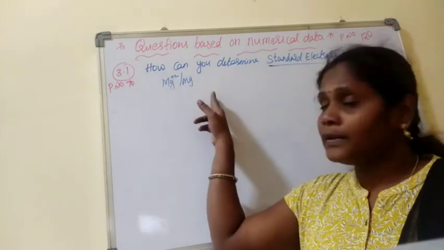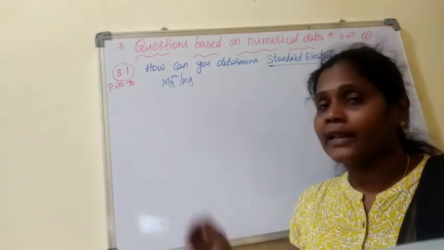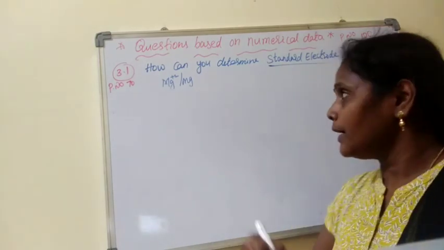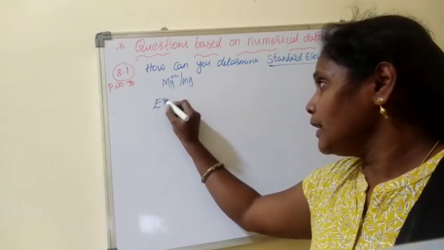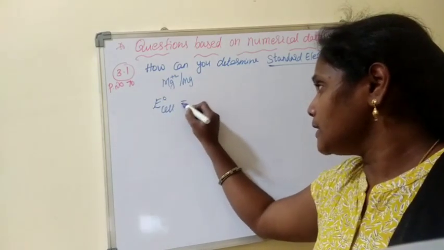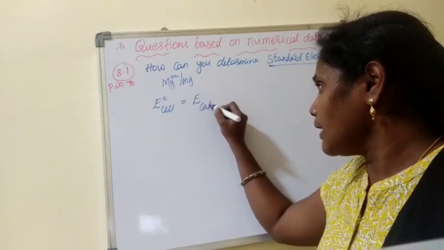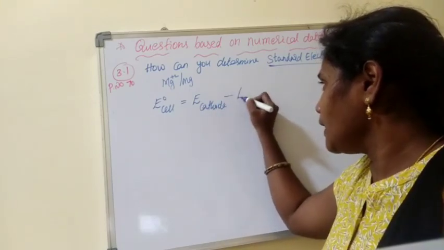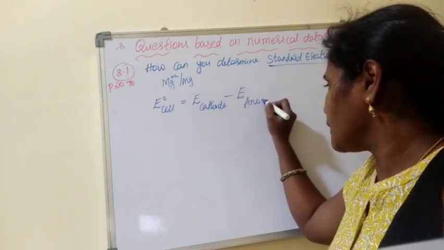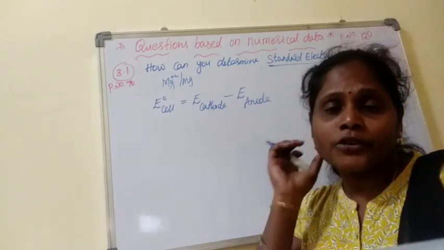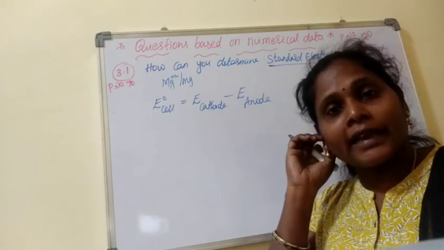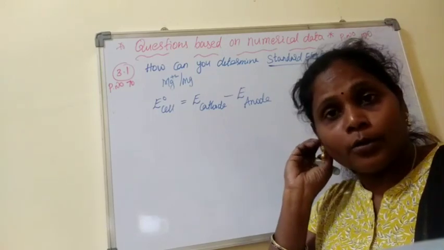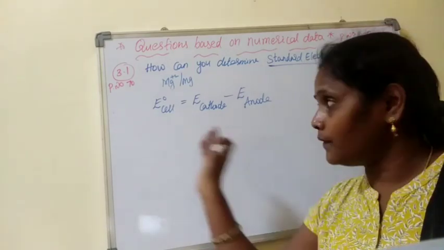Now the theory part you can write, I am just writing the mathematical part for you, right? So now I can write E naught cell is equal to E of cathode minus E of anode, right? You can actually keep your hydrogen electrode as anode or cathode, right? According to my explanation, first I will tell you.